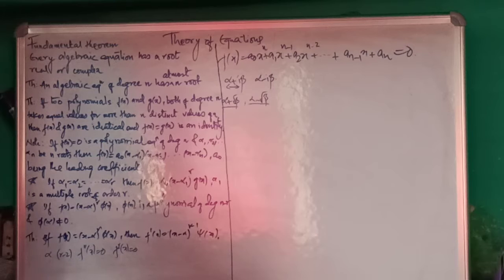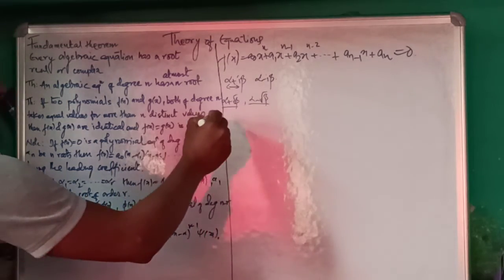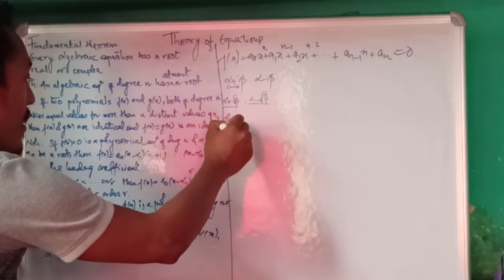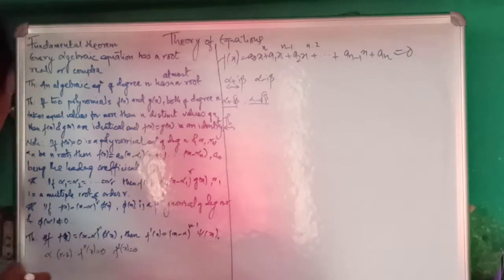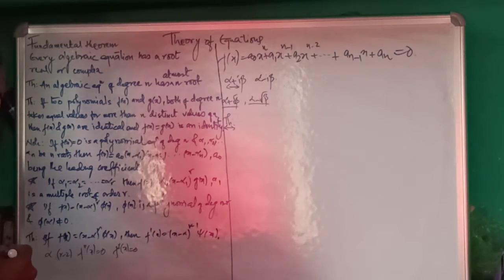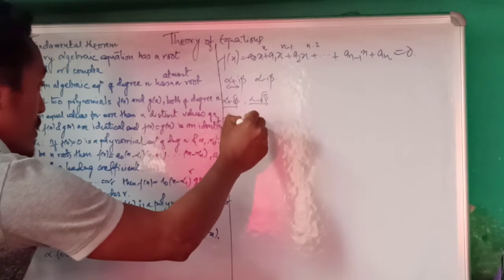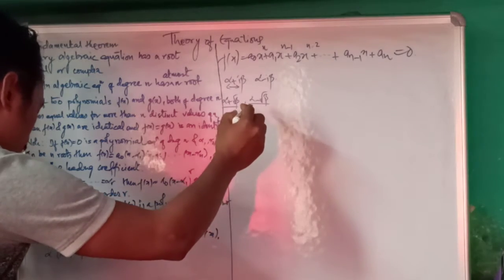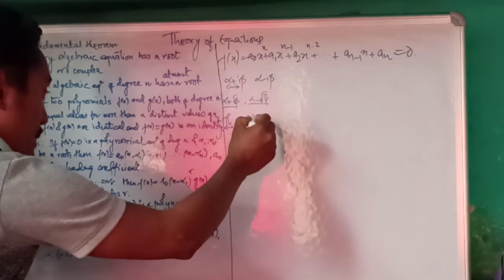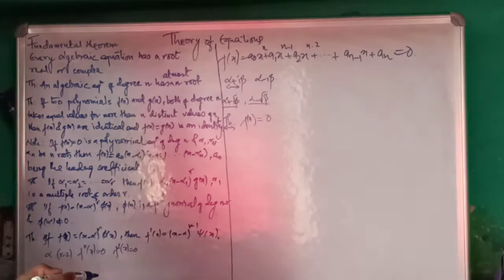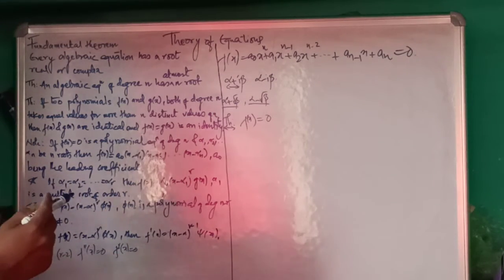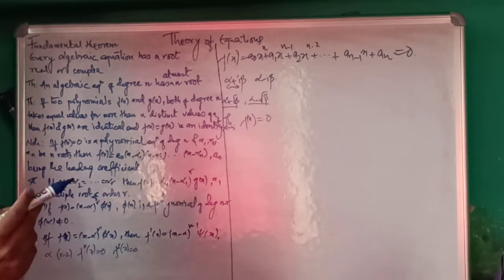Now there are some important theorems that we need to remember. Theorem: if f of x is a polynomial with real coefficients, and f of x equals 0 is an equation, and I think we have done these theorems in our differential calculus part also.